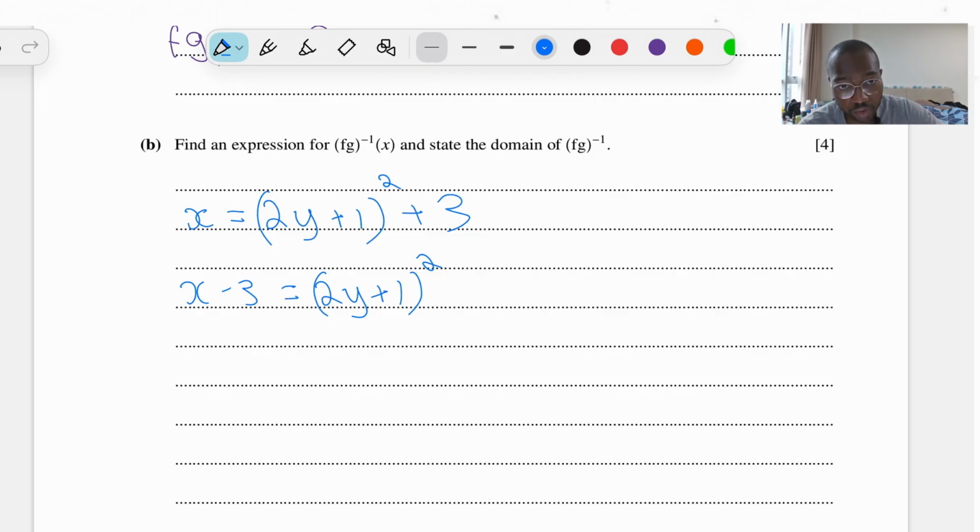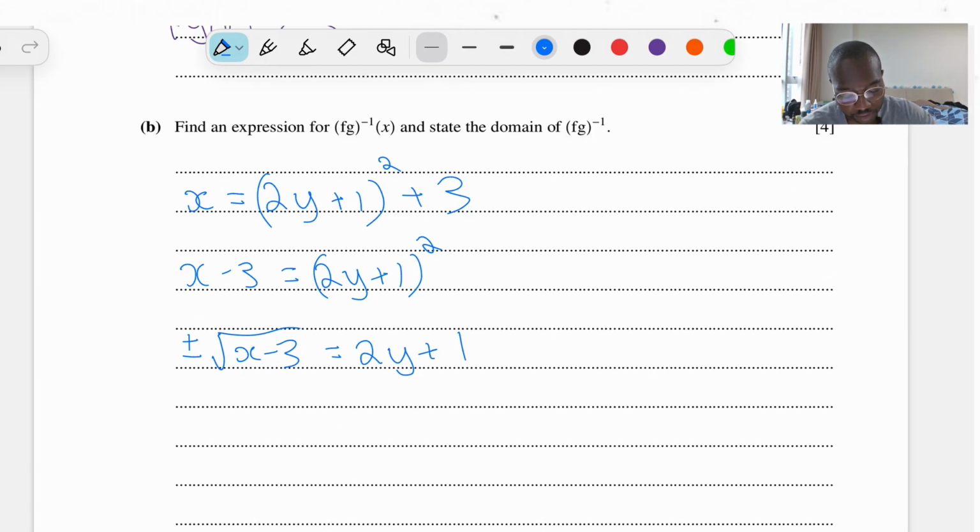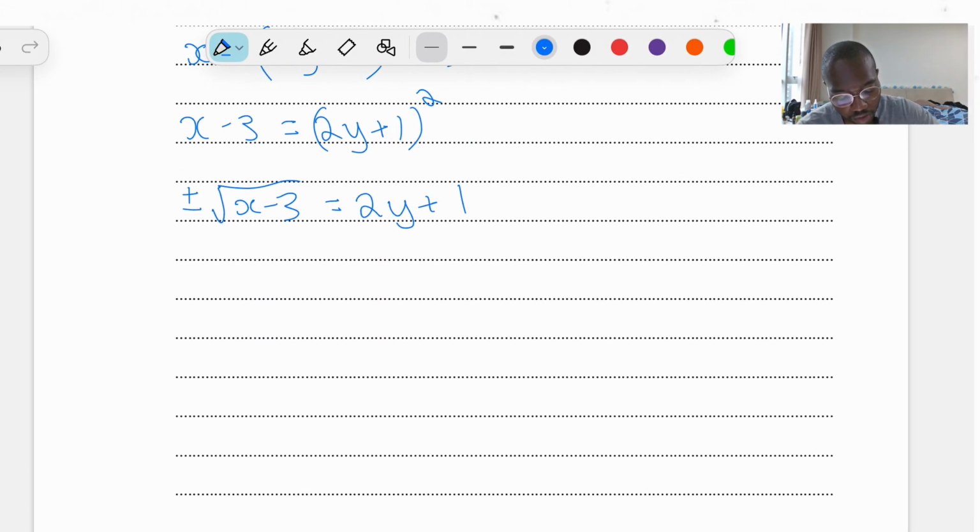So now if we square root both sides, we get plus or minus the square root of x minus 3, okay? That is now going to be 2y + 1, and therefore we would get 2y, and that is equal to minus 1 plus or minus the square root of x minus 3.